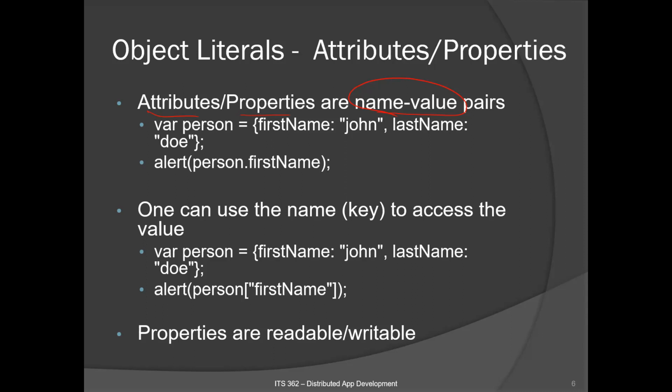So here in this example, we have var person, and then we have firstName, John. Notice that the syntax has to be exactly like this: colon, and then comma, and then we have the next name value pair, lastName, and so on. Obviously, the literal is in double quotes.